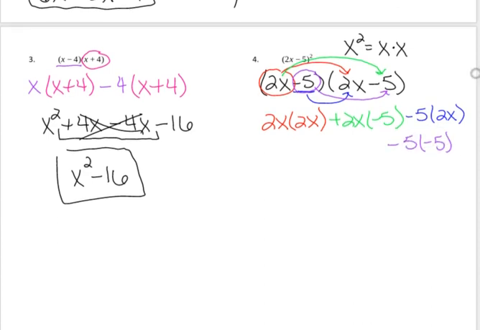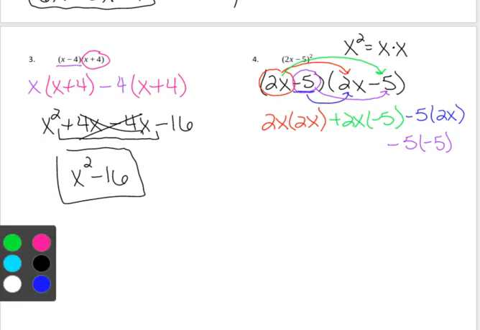So when we think about FOIL, the 2x times 2x, those are the first terms in my binomials. 2x times negative 5, those are the outside terms in my binomials. Negative 5 times 2x, those are the inside terms of my two binomials. And then negative 5 times negative 5, those are the last terms in my two binomials.